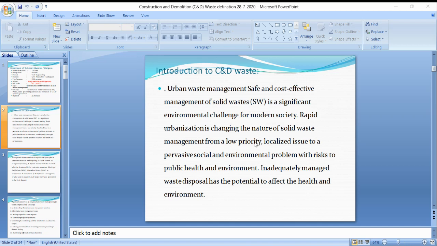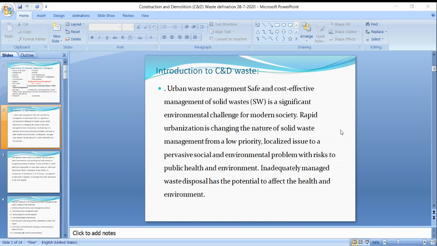The nature of solid waste management is changing from a low priority localized issue to a pervasive social and environmental problem with risk to public health and environment.